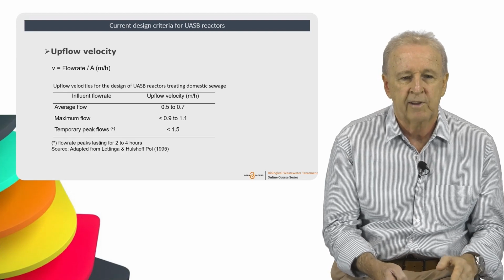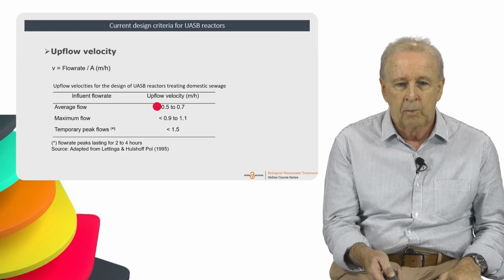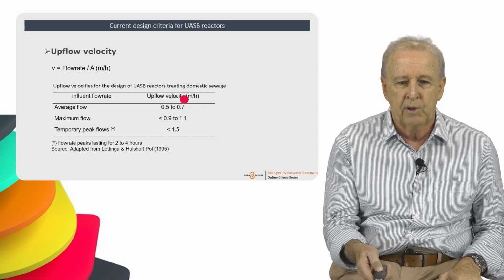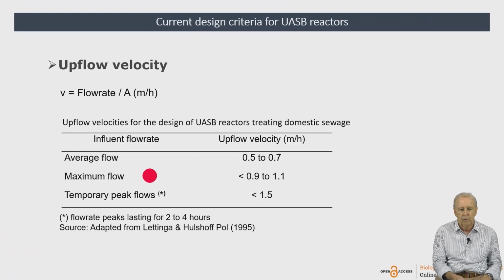So here we have the values that are recommended for the average flow velocity, between 0.5 and 0.7 meters per hour, and also recommendations for maximum flow and for temporary peak flows. The maximum flow is because the flow rate varies along the hours of the day.